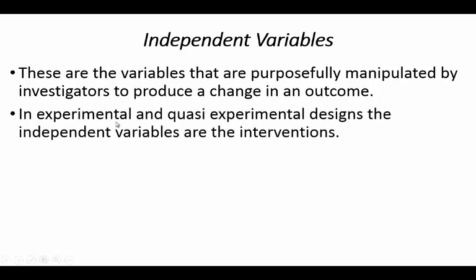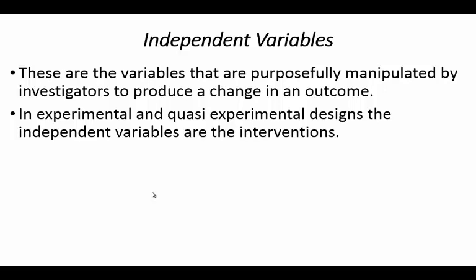So in the experimental and quasi-experimental designs, the independent variables are the interventions. So this is what I am doing to change the outcome. This could be use of ultrasound, use of shortwave, use of exercise, use of a specific mobilization technique.